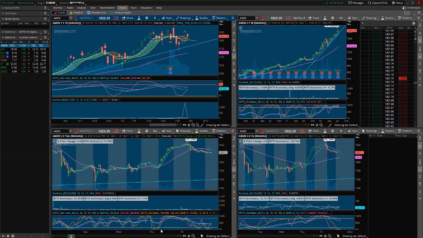Also, you can see the MTTS oscillator in this area after it closed on Thursday. That Friday, you may get a pullback, especially since it aligns with the 60-minute chart. And you see that pullback, the big drop, and then it kind of follows through.